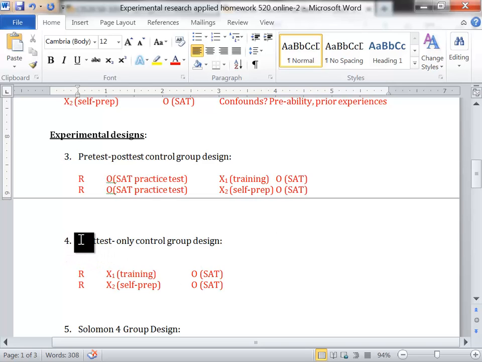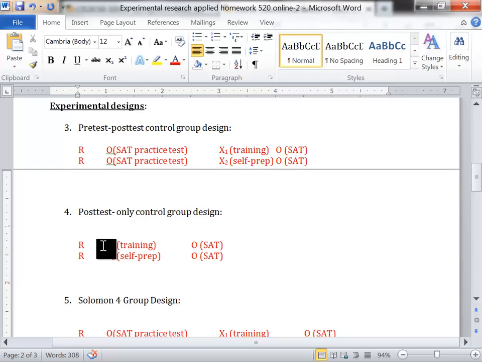So this is the value of the post-test only control group design. The participants don't get that practice test. They, as you can see in example 4 here, they just have the post-test, and the pre-test is missing from this area, but it still has the benefits of randomization.